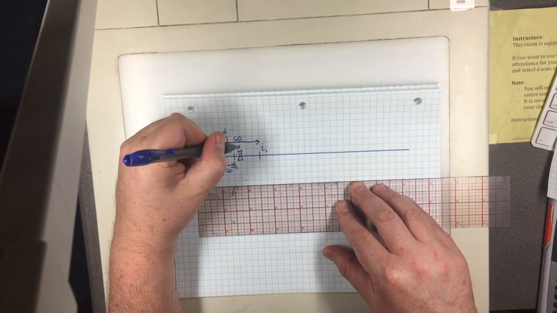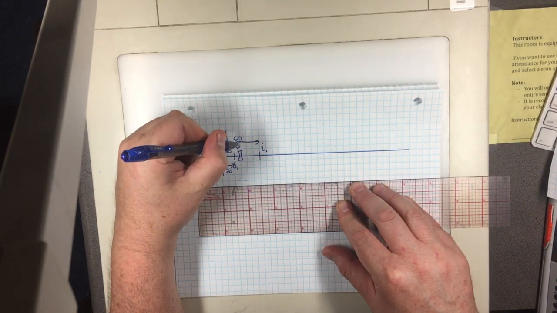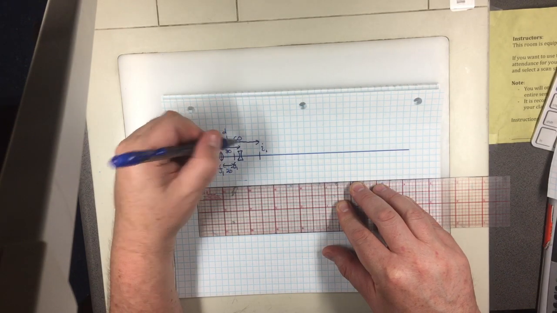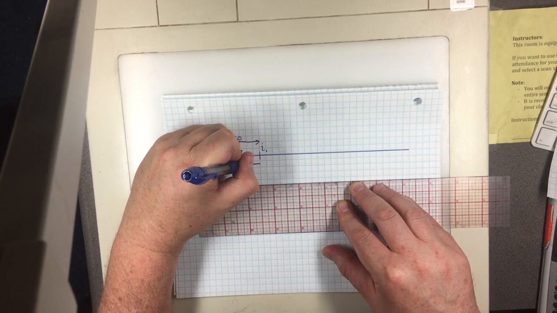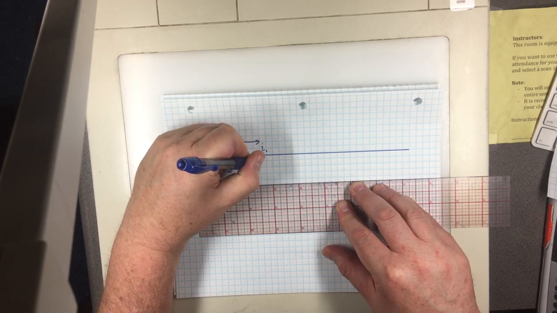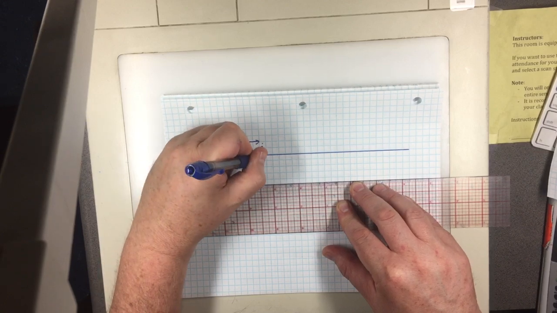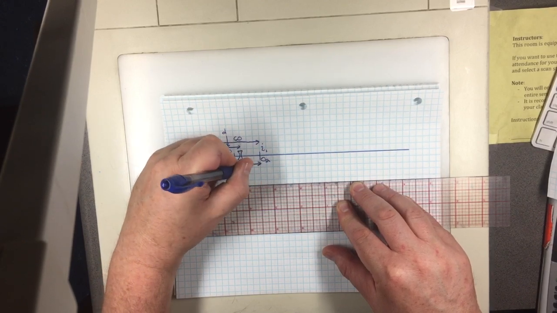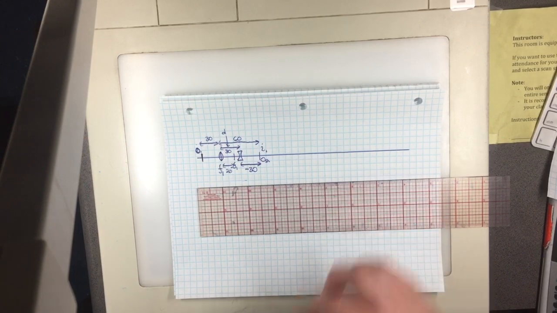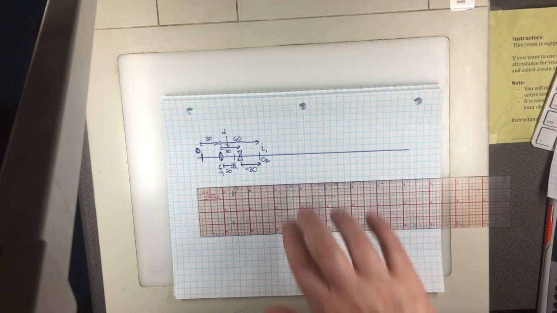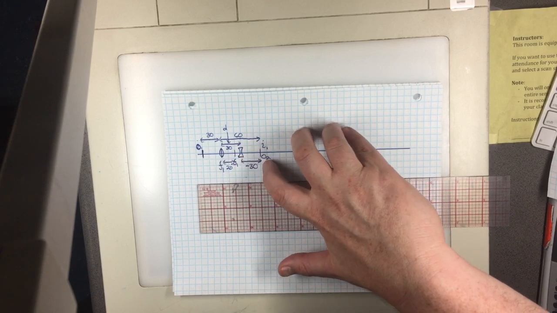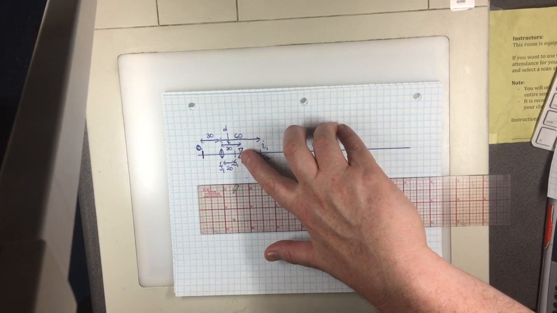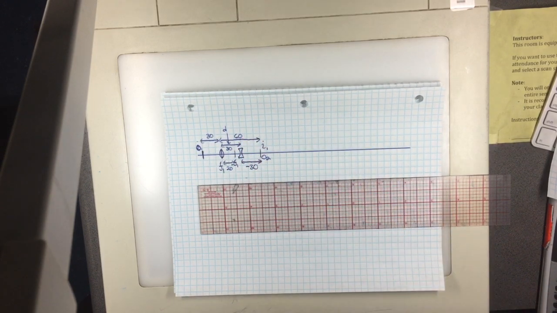And if this distance is 30, then this distance is O2, and that is negative 30. Because the image distance is now the object distance. It's 30 centimeters to the right of the concave lens, so it's negative 30.